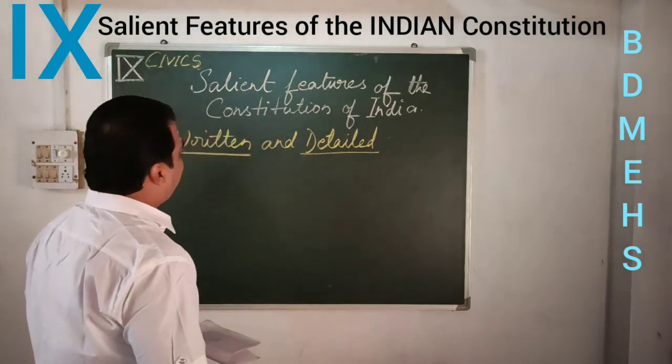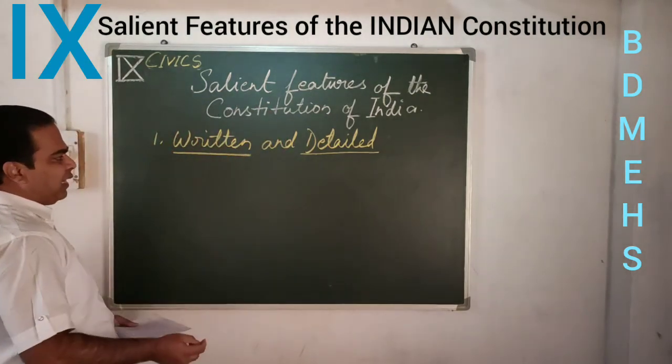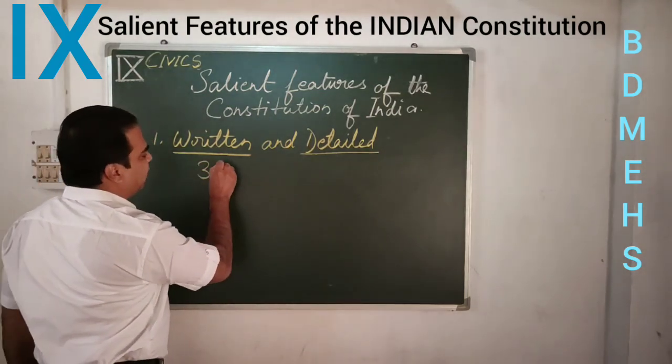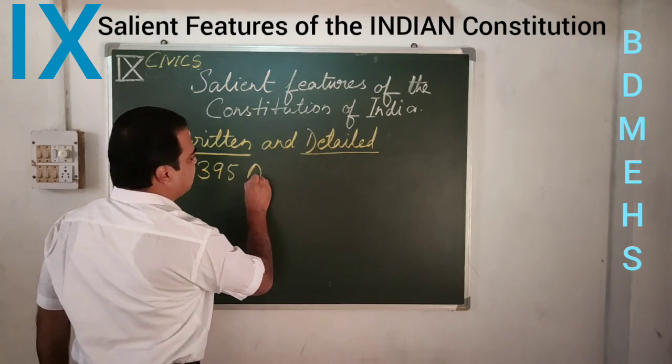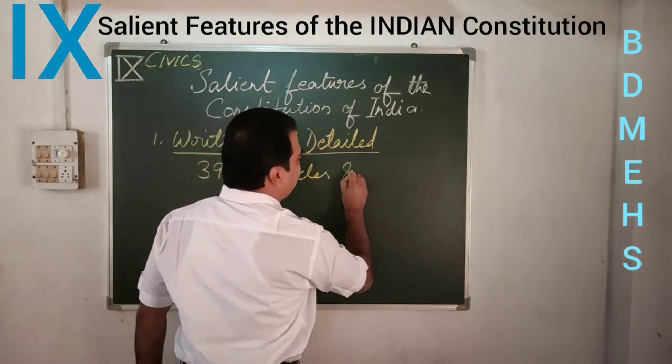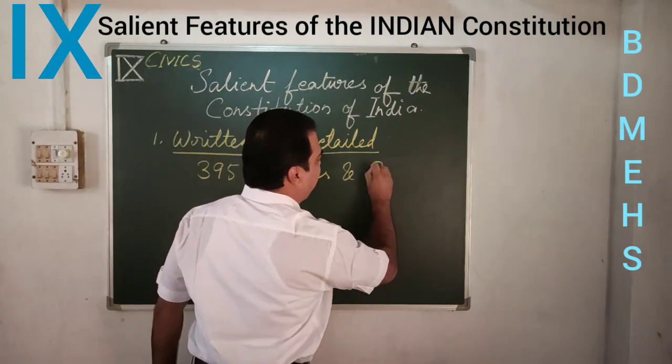So let me tell you some of the things. When the constitution was ready, it consisted of 395 articles and 8 schedules.